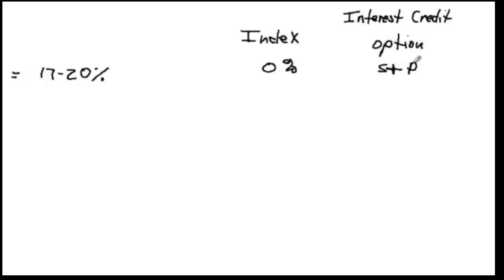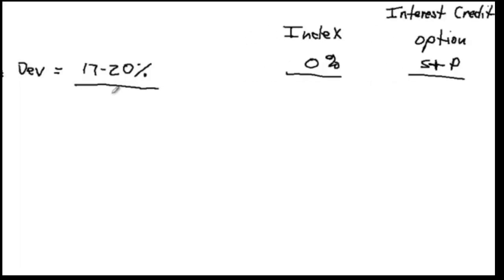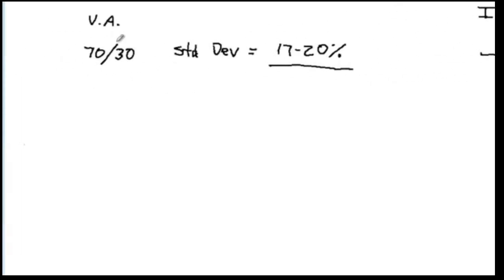You can use another index, but you're not actually using any principal to go into the market. You're using an interest credit. So as far as the asset, the core principal, there is no standard deviation in an index annuity, whereas in a variable annuity you're somewhere between 17 and 20%, just simply because of the layout, historically how this works, right?